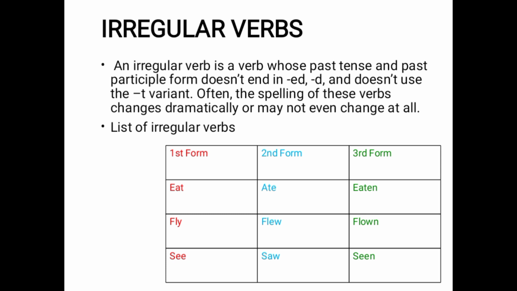A list of some irregular verbs: eat, ate, eaten; fly, flew, flown; see, saw, seen. What we see in this table is that the verbs have forms that vary. The first, second, and third forms change. This makes it an irregular verb.